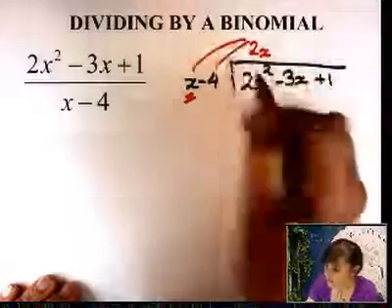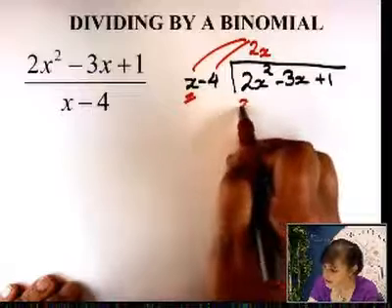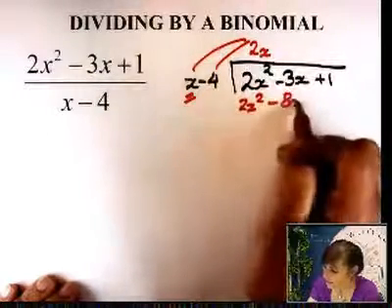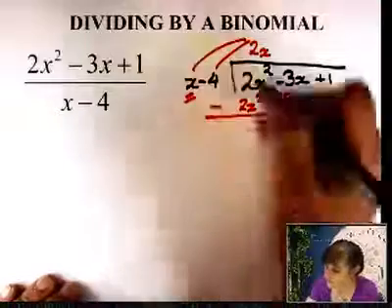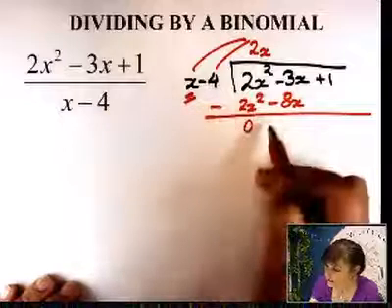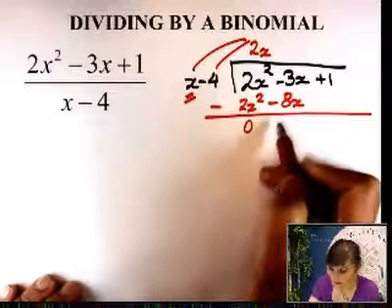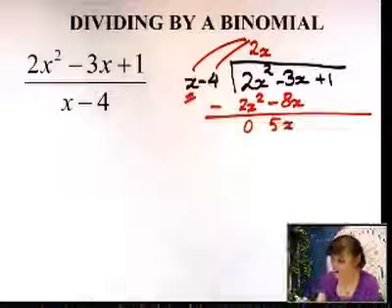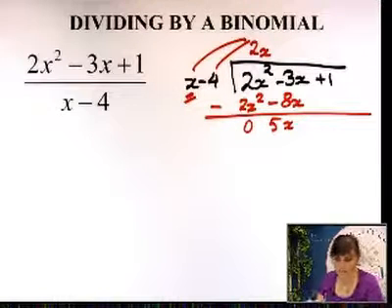FOIL it back. 2x times x is 2x squared. 2x times negative 4 is negative 8x. Take it away. These two will cancel out. You'll have negative 3 plus 8. That's positive 5x.